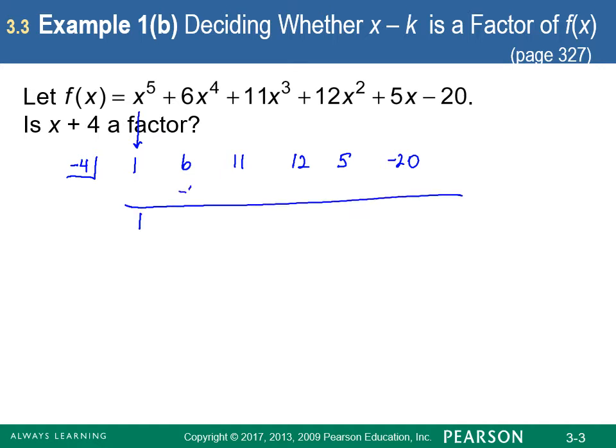Add, multiply, add, multiply, add, multiply, add, multiply, add, and multiply. Negative 20 and negative 20 is negative 40. So this is not a factor.